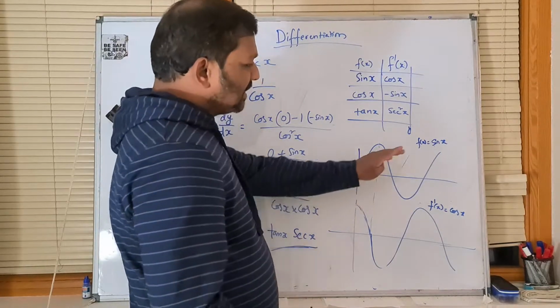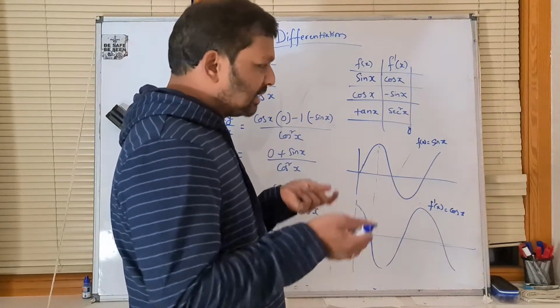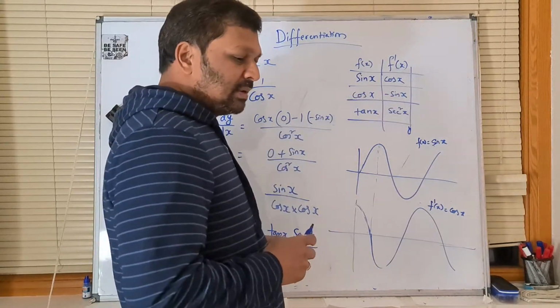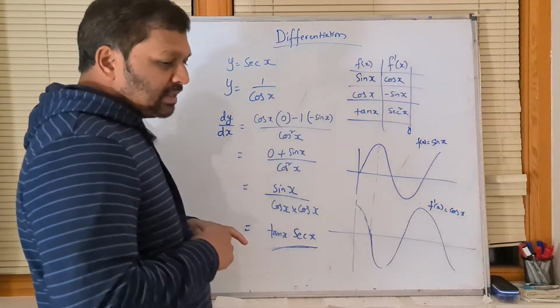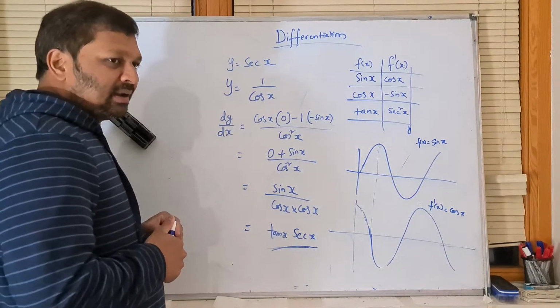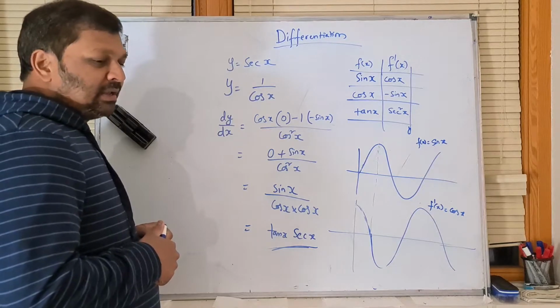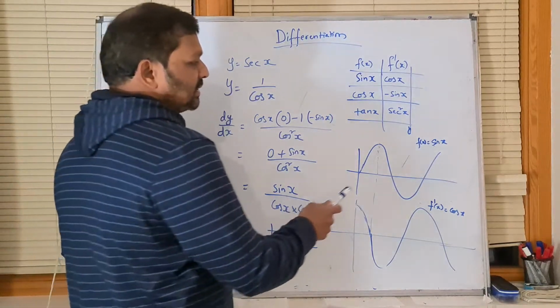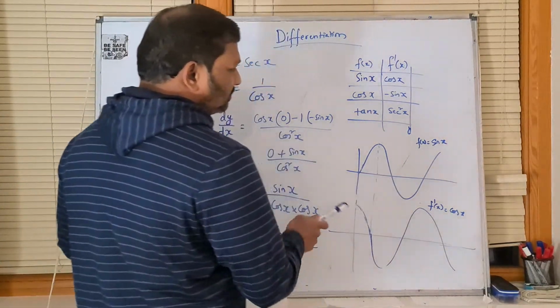First you understand this one. After that you can visualize how the cos x has become a minus sin x. There might be a proof for how to do it, but this is how you can simply understand and justify your answer for why the sin x differentiation is cos x.